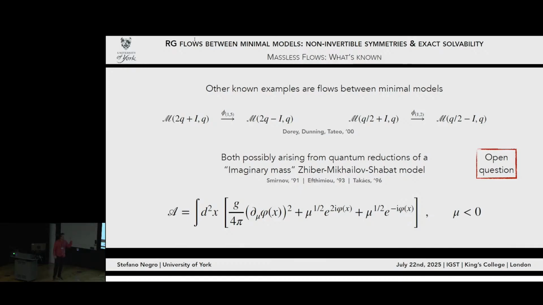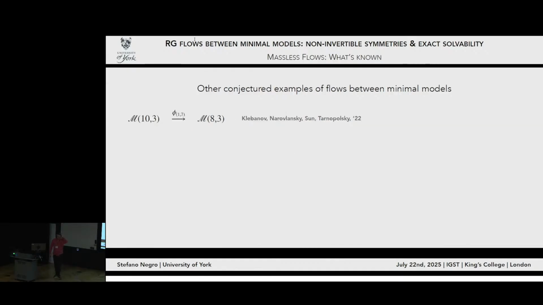Okay, so this is what is known from integrability, but recently there has been some interest in other types of flow. Klebanov and collaborators were interested in studying this UV theory, M(10,3), so this minimal model, perturbed by a field phi 1,7. Now, in principle, this deformation is not supposed to be integrable.